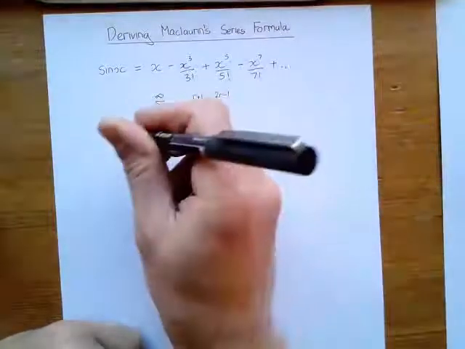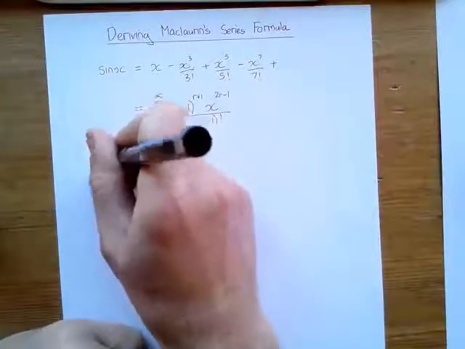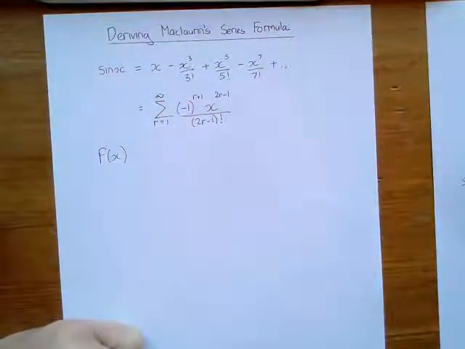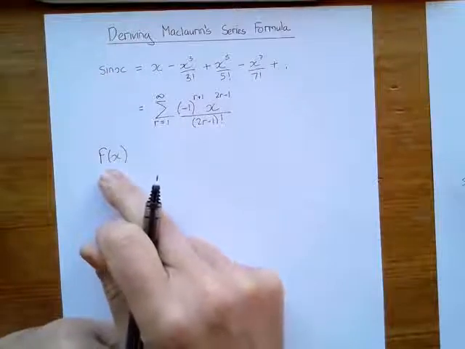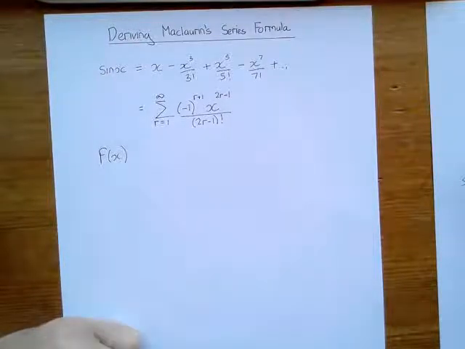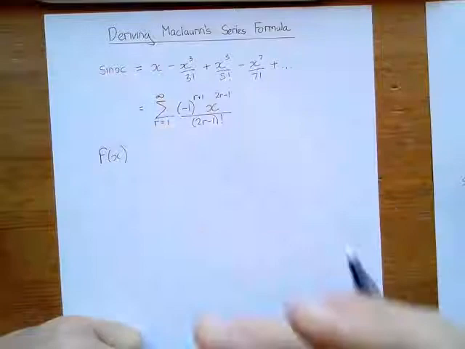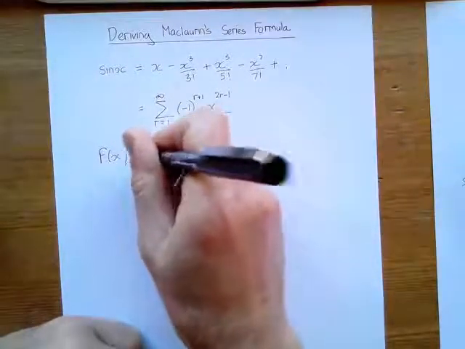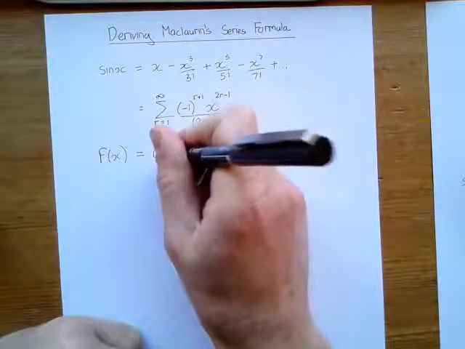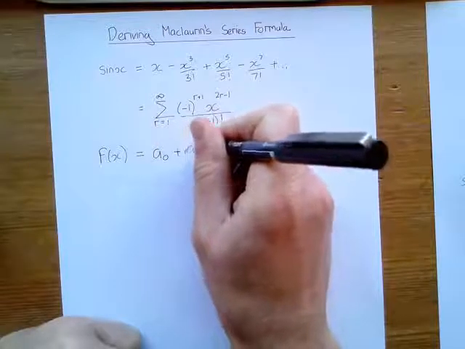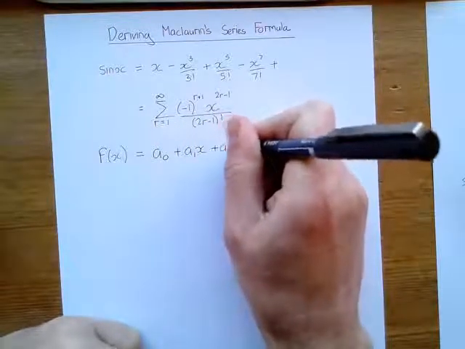So let's suppose for some function f of x, and this could be sin x, could be cos x, could be e to the x, could be anything, it's possible to write it like that. So in general, I'd be saying it's possible to write it as an infinite polynomial, which I am now writing out.